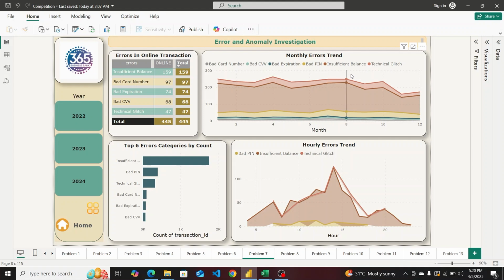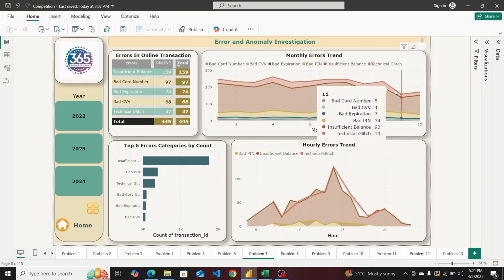In month 10, or October, 10 types of error occurred, in which bad card number occurs 5 times, bad CVV occurs 10 times, bad expiration 6 times, bad PIN 35 times, technical glitch 36 times, and insufficient balance 142 times.